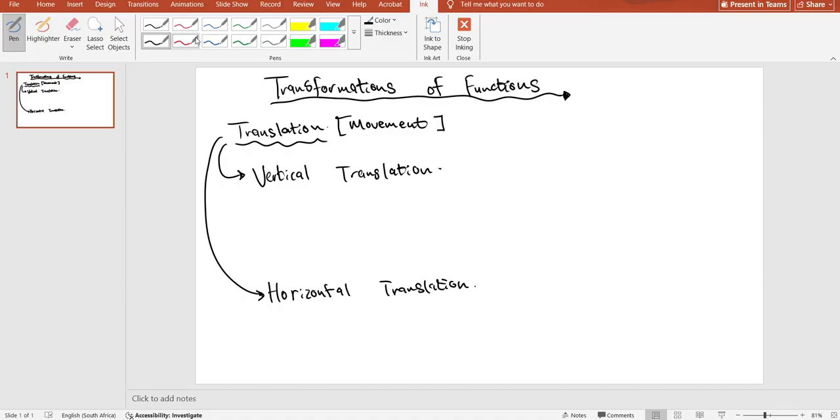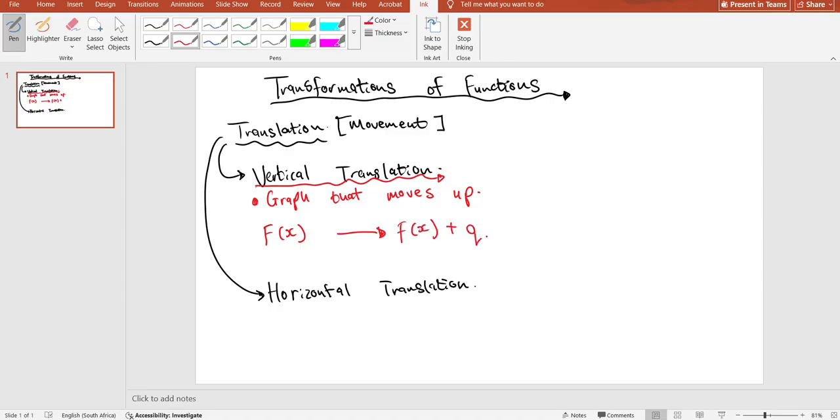So let's talk about vertical translation, but particularly one where the graph moves up. So how would this look? You'd be given an f of x, and they're going to represent it by saying that f of x is being added with a value.